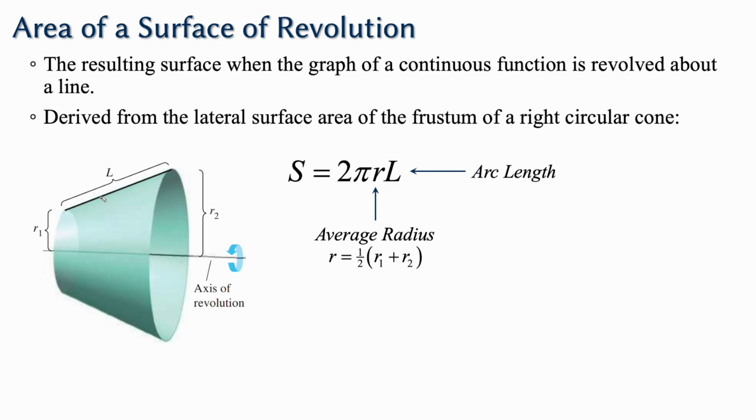So this length shrinks down to an infinitesimally small amount, which means the average of these radii is just going to become a number. And again, by the intermediate value theorem, it's going to be some number between those, and same kind of situation with the mean value theorem, we know it exists. So that's going to help us come up with this.